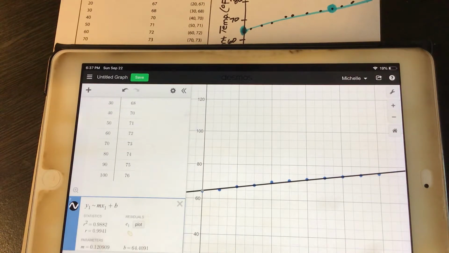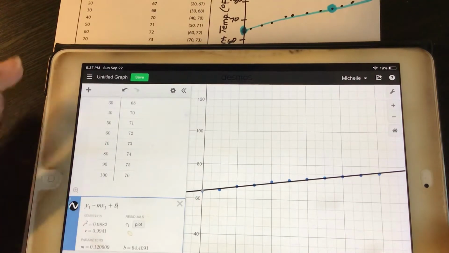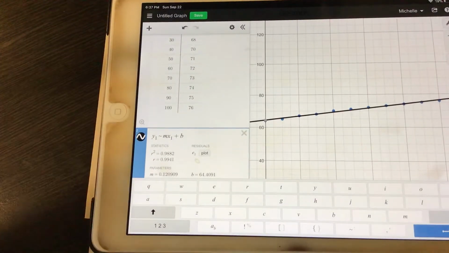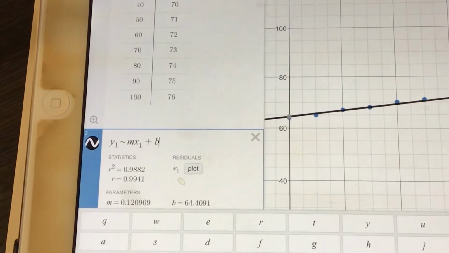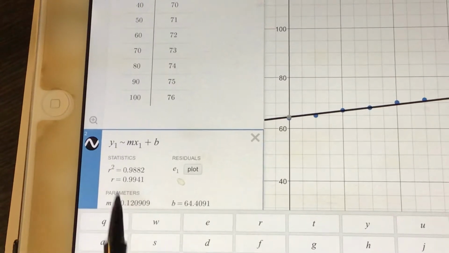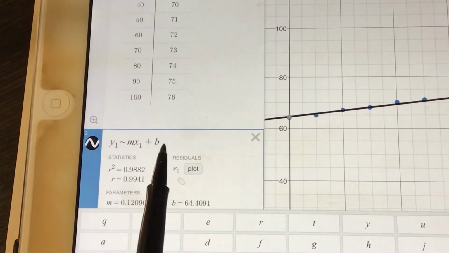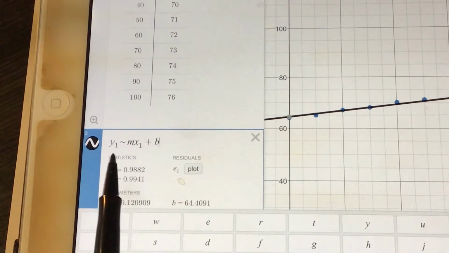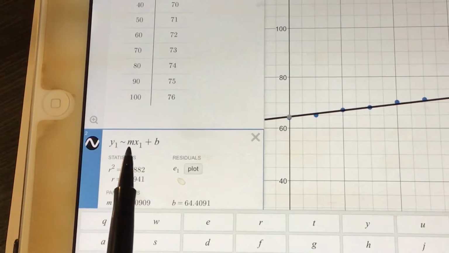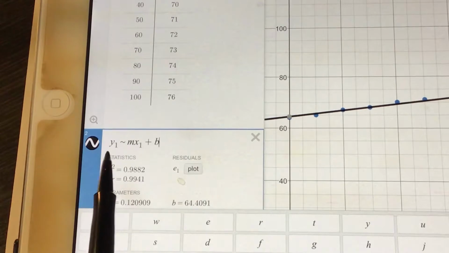And if you look, it drew the line through the points. This is called a regression line. I'll write that down in a minute. But if we look down at the bottom, I asked Desmos to give me an equation of a line, and I put it in the form of a linear equation.